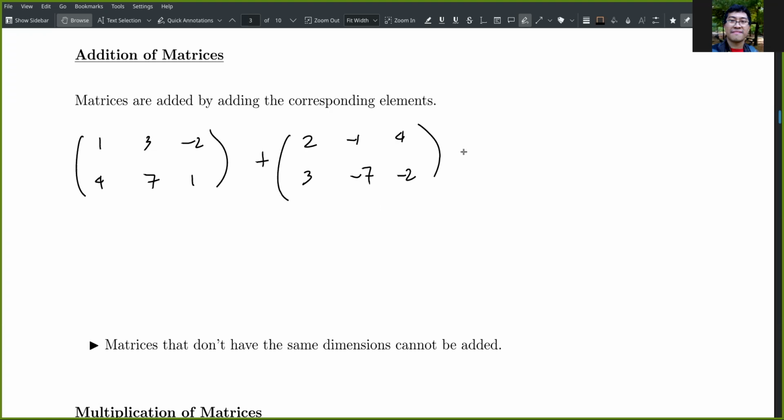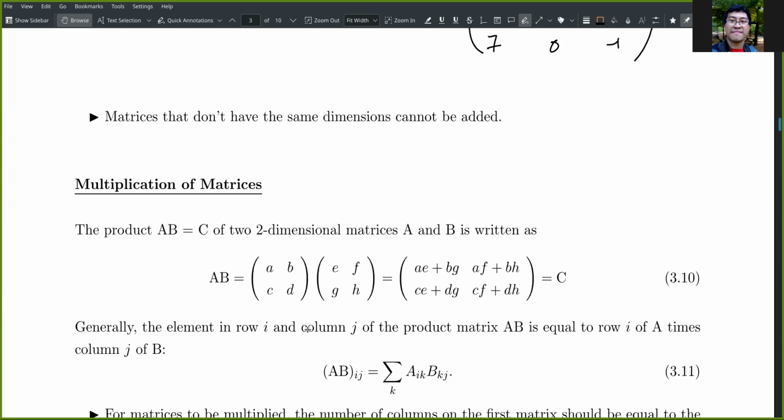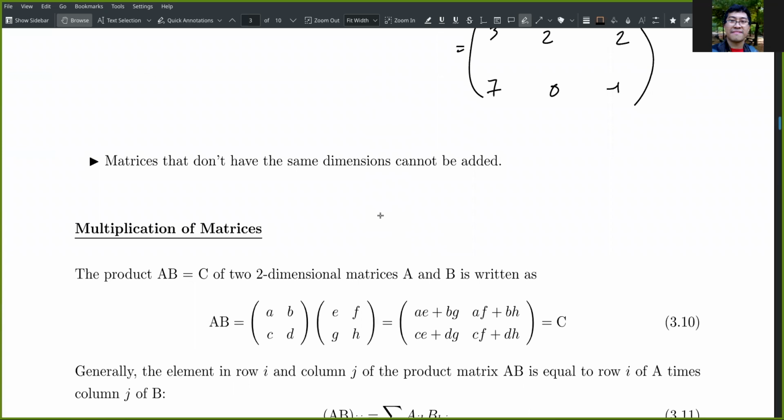The result would simply be, so you have 1 plus 2, first row, first column, first row, second column, 3 plus negative 1, so that's 3 minus 1, negative 2 plus 4, 4 plus 3, 7 plus negative 7, 1 plus negative 2, and this would then become 3, 2, 2, 7, 0, negative 1. Matrices that don't have the same dimensions cannot be added.